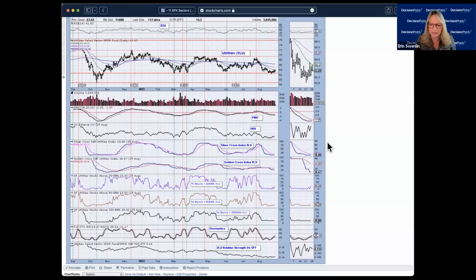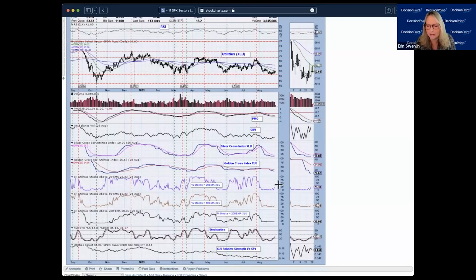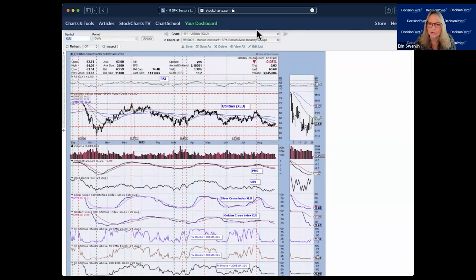But I'm not saying that this is a completely bullish chart that we need to just roll right into utilities. I'm just saying that this is one of those beat down areas that does look like it's coming out of this very strong support. So I have to say I like that. And we are getting a little bit of a heartbeat, which is more than we could say for the last month. So that's pretty much what's going on with the sectors.